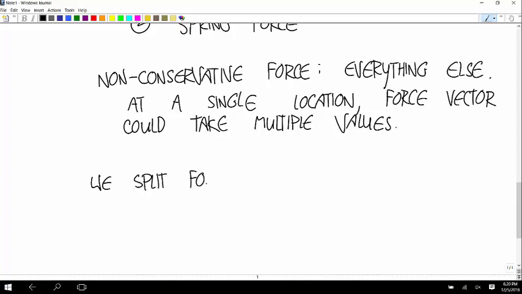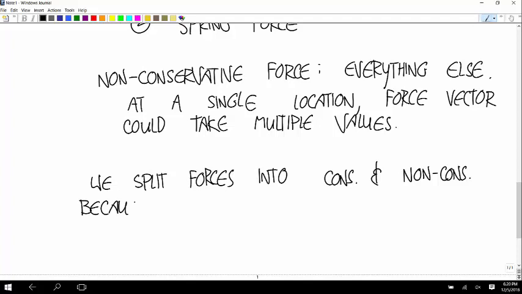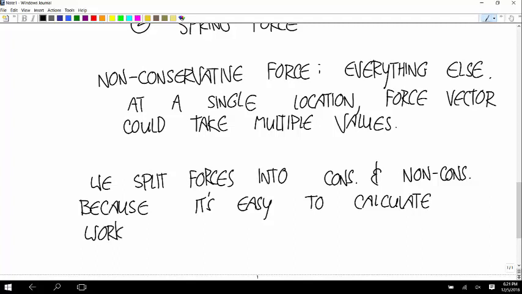We split forces into conservative and non-conservative because it happens to be easy to calculate the work done by conservative forces.